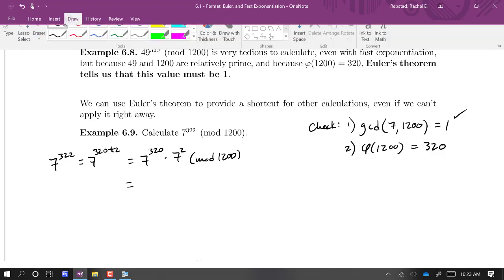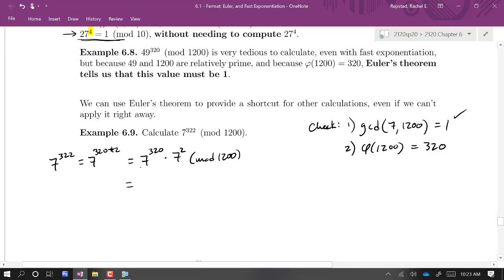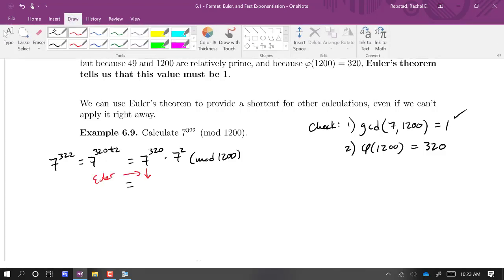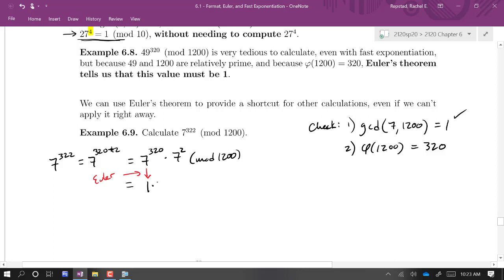Now, Euler tells us that this is equal to 1. So now I'm applying Euler's theorem. Seven squared is 49, and that is already reduced mod 1200.